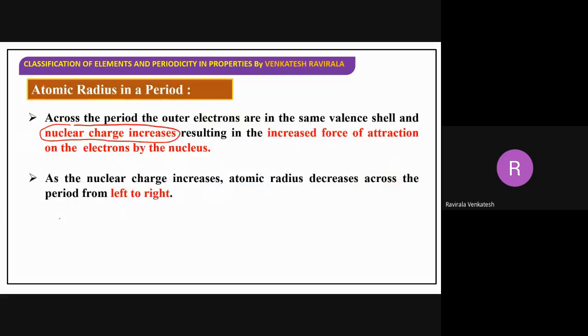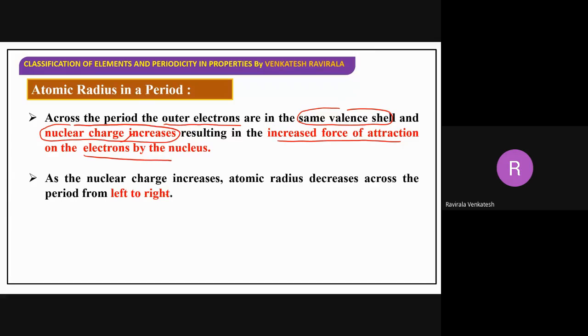The last point, if you see this one: across the period, the outer electrons are in the same valency shell, and nuclear charge is increasing. See, from lithium 3 to 4 and 9, increasing. Now the attraction force over the electrons by the nucleus increases. So because of this, nuclear charge increases and atomic radius decreases.